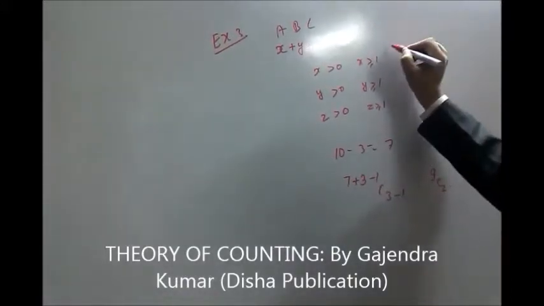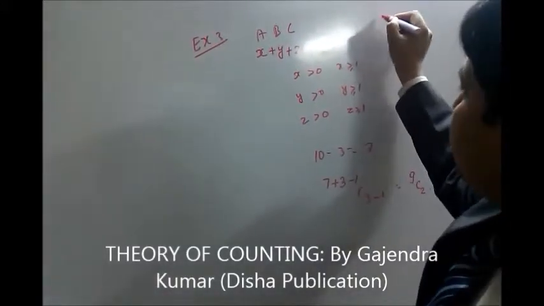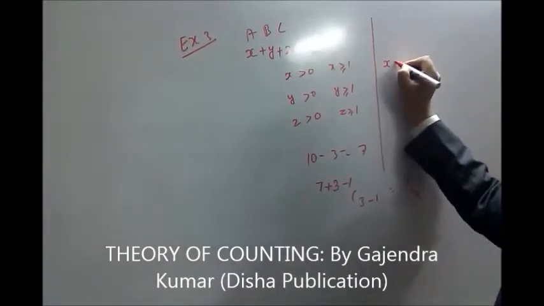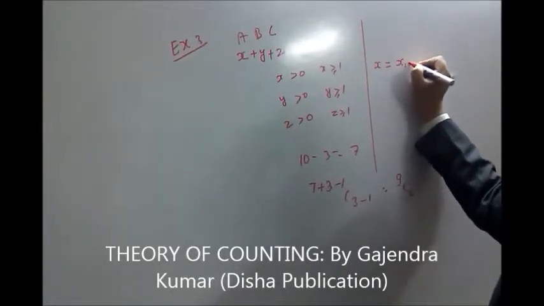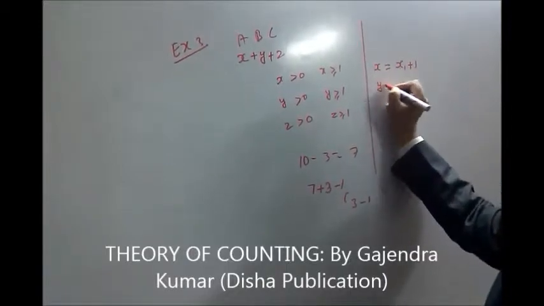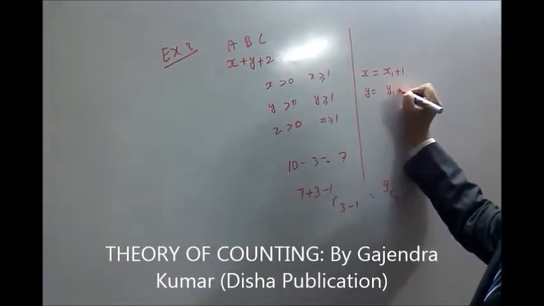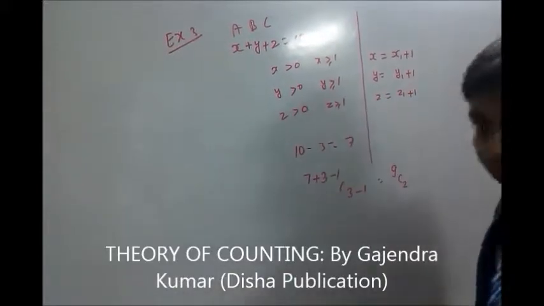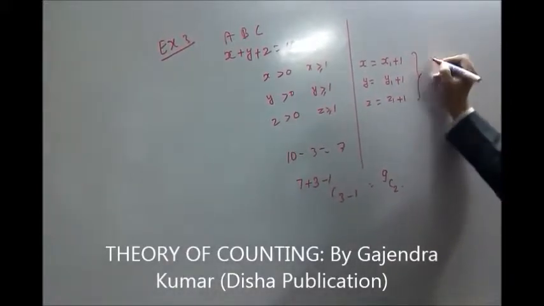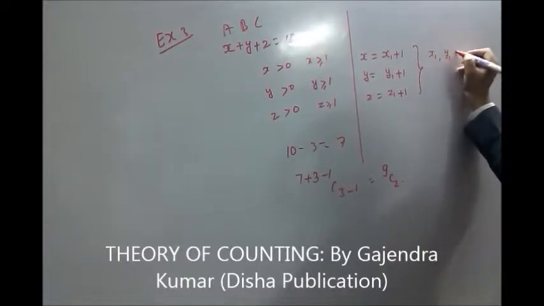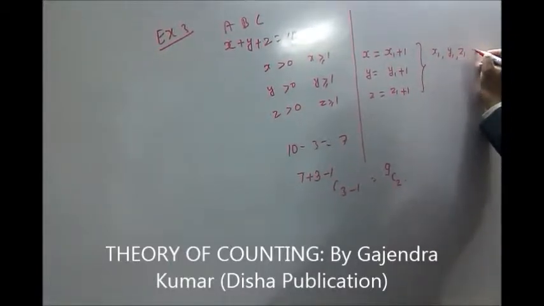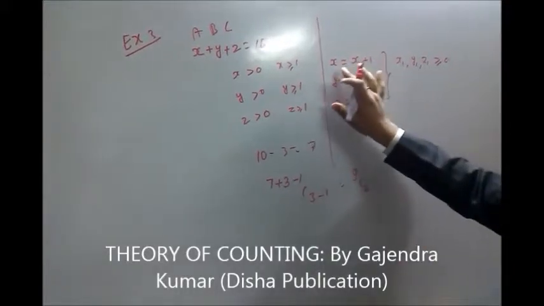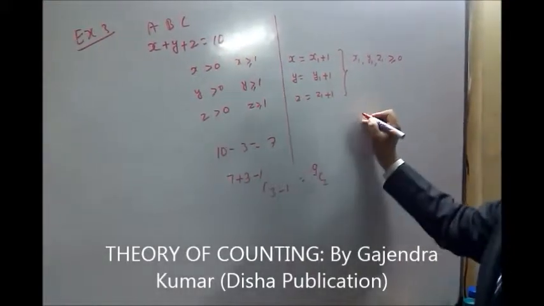Or else mathematically we can solve this question as follows. Since x is more than 0, we can assume x is equal to x1 plus 1, y is equal to y1 plus 1 and z is equal to z1 plus 1, such that x1, y1 and z1 are more than equal to 0. Right? Then substitute these values of x, y and z in this equation. What will we get?